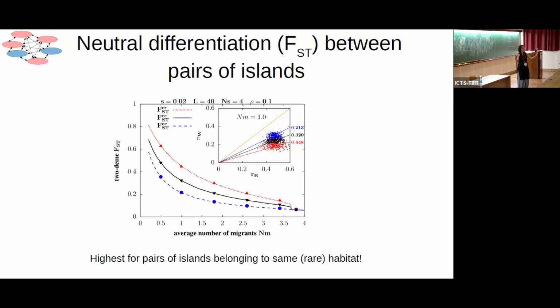So effective migration rate is reduced quite strongly for these islands which are within this rare niche. And the lower this inflow, the lower is the diversity within any of these islands. So you have this rather counterintuitive result that this measure of differentiation is actually highest for islands that show no adaptive differences.